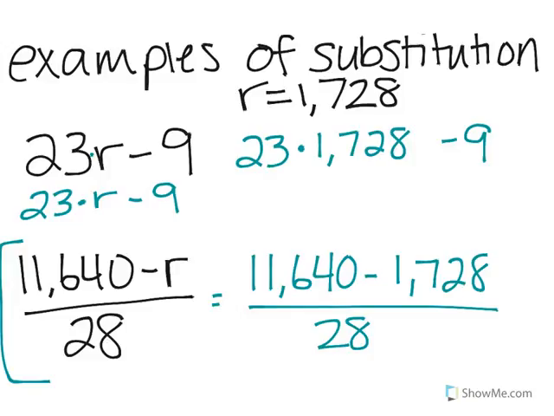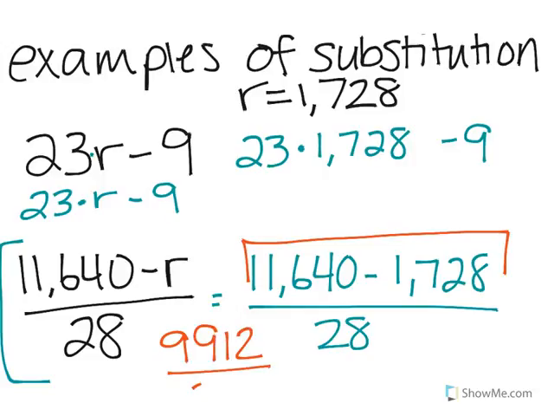Now normally you would do division first, but you can only divide by one number, so we need to make this one number. So you would subtract that first, and so that would end up being 9,912 over 28, and you can take that from there.